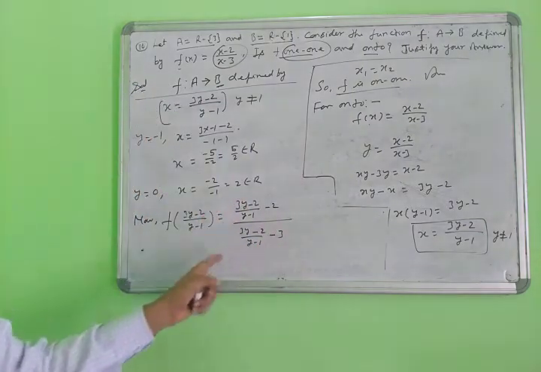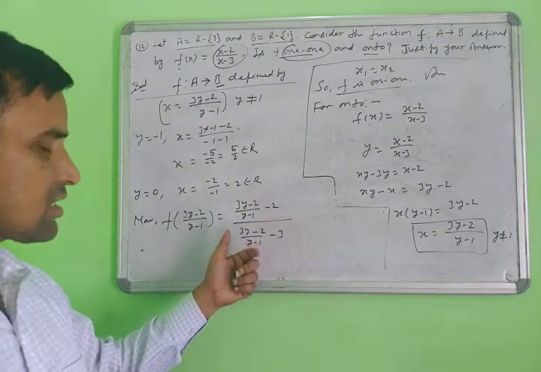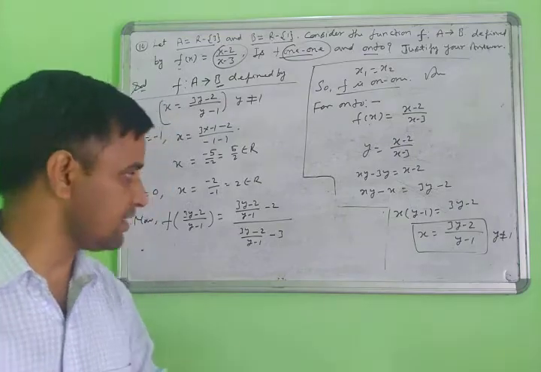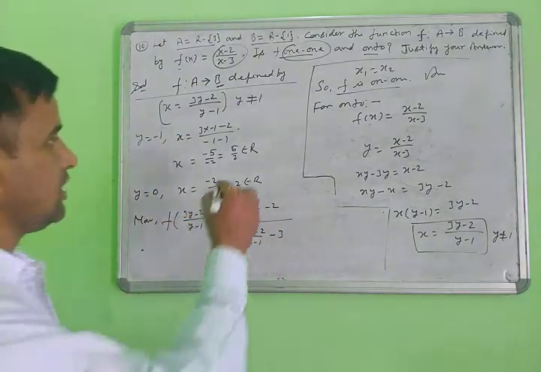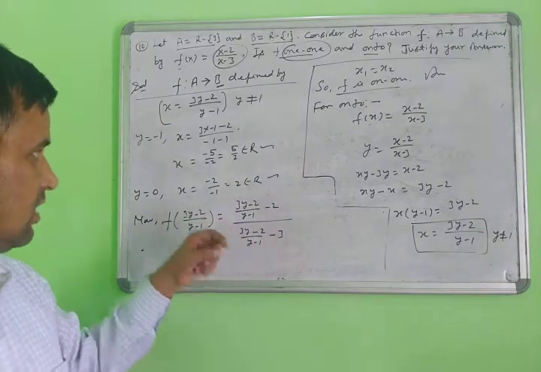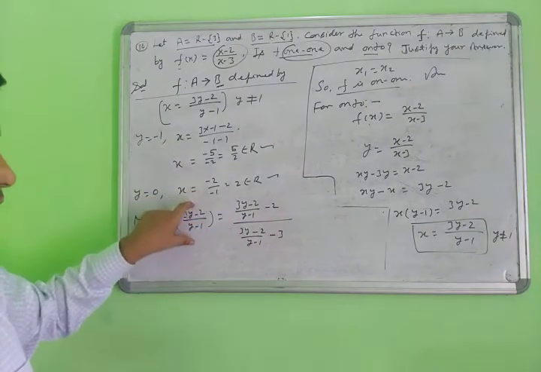You solve this and the result comes y. That means every element of the codomain has a pre-image in the domain. You can give a simple example, otherwise solve in this way.